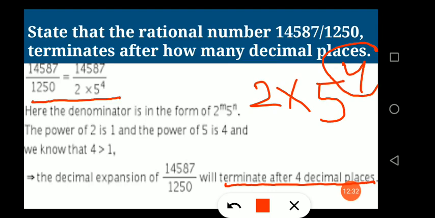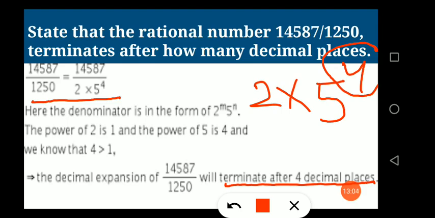Whatever the greater power is, after that many digits the decimal expansion will terminate. Got it? It doesn't matter what the power of 5 is or what the power of 2 is. We have to find the maximum power. For example, for finding the degree of a polynomial, we use the highest power of the variable.